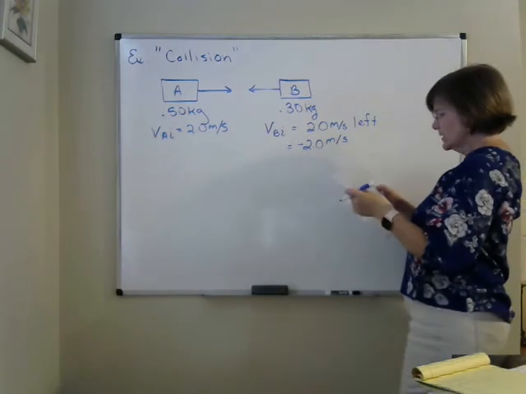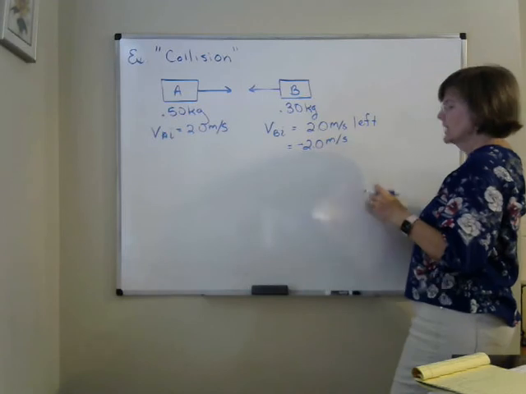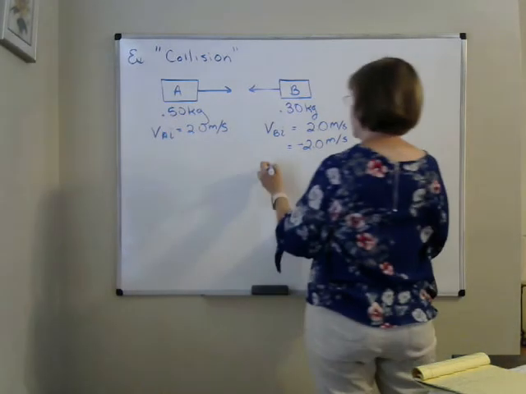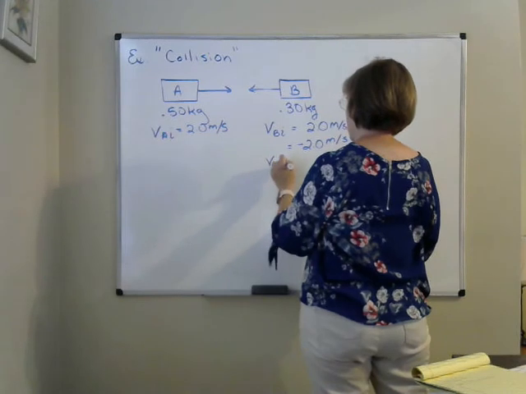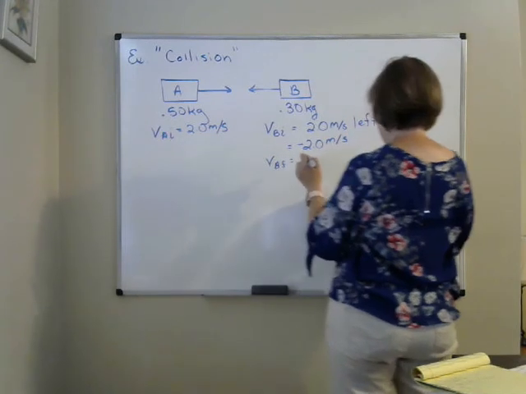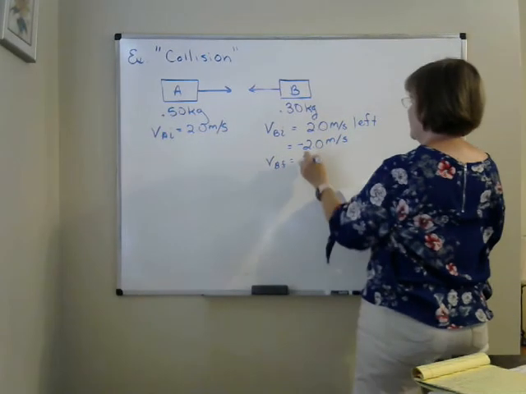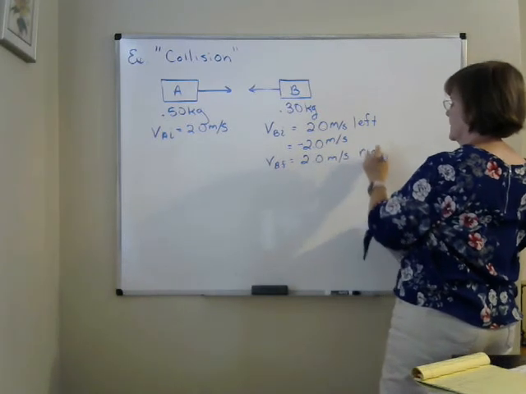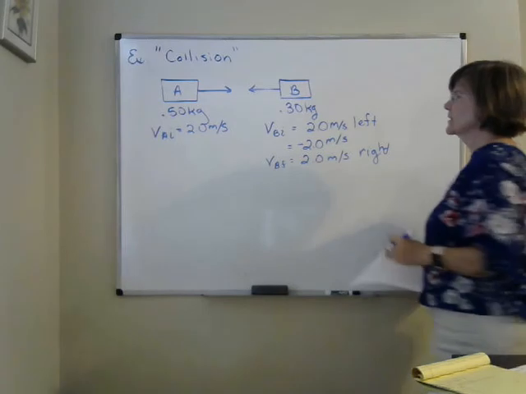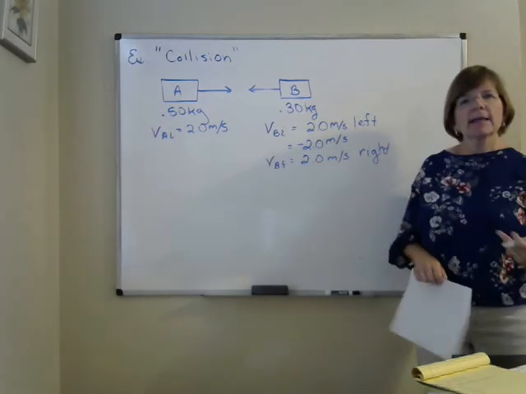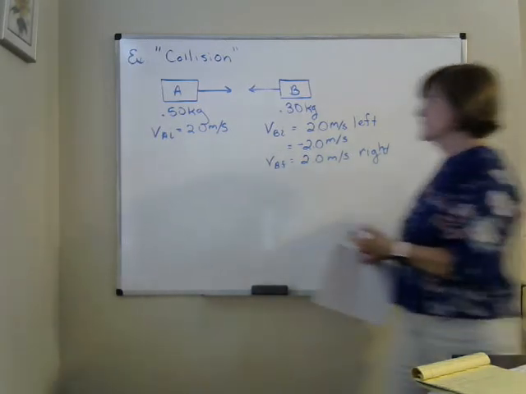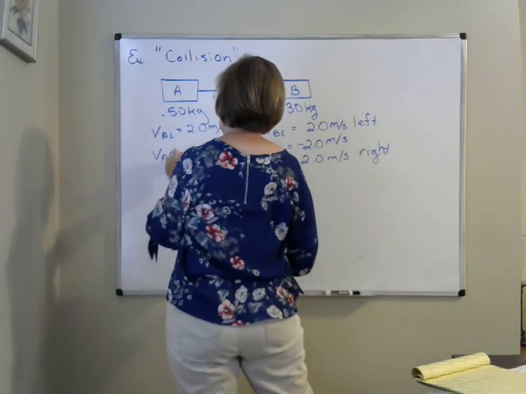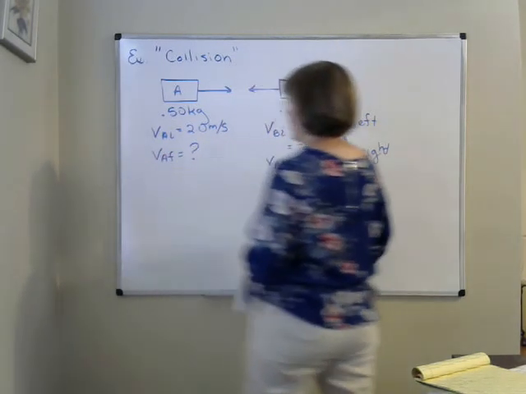They also go on to tell me that after they collide and they bounce off of each other, glider B is moving 2.0 meters per second to the right. So now, after the collision, B bounces back, it's got a positive. They want us to find the answer to the question, what's the final velocity for A?